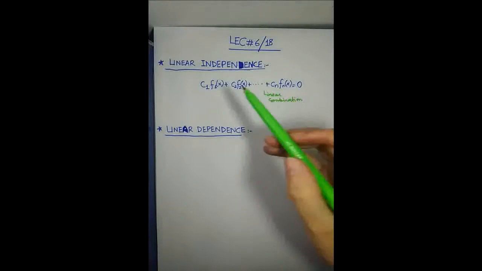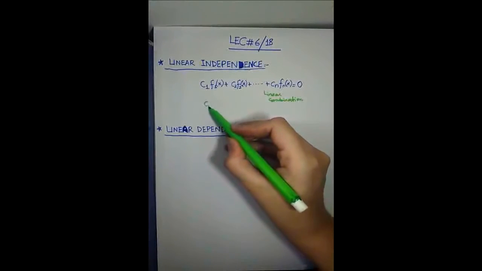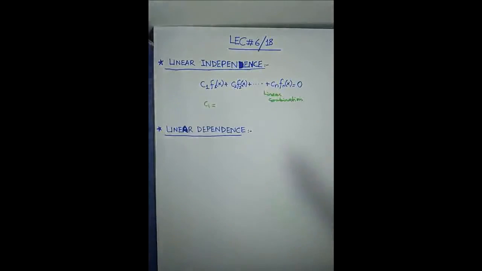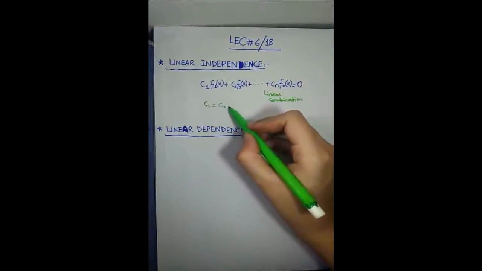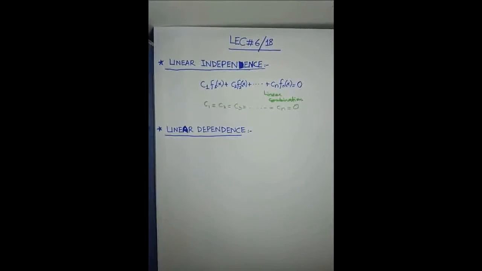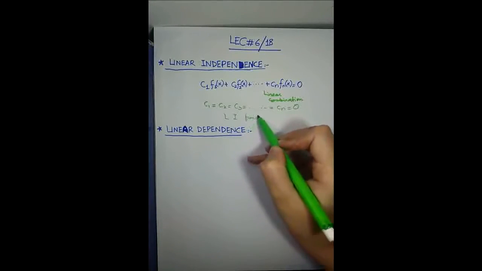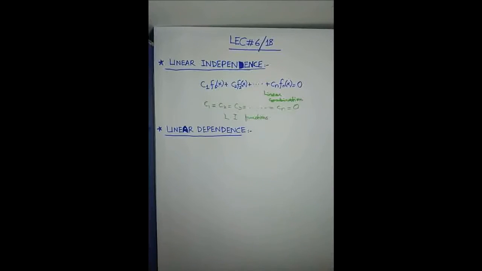The condition for independence is that if all the C's, meaning each and every scalar C1, C2, C3 up to Cn, are 0, then the linear combination is called linearly independent, or the functions are called linearly independent functions. Each and every scalar must be 0.